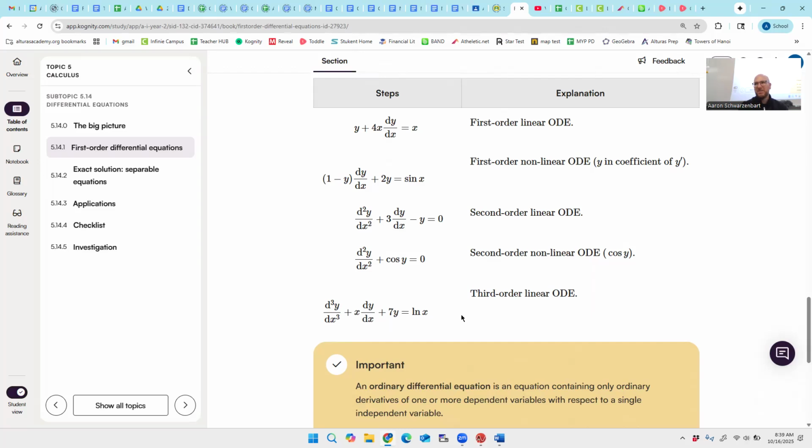14.4 isn't that bad. And honestly, the problems on some of these aren't that bad. The differential equations problems on the IB exam last year, I think I know how to do all of them. This goes way down a deep rabbit hole.